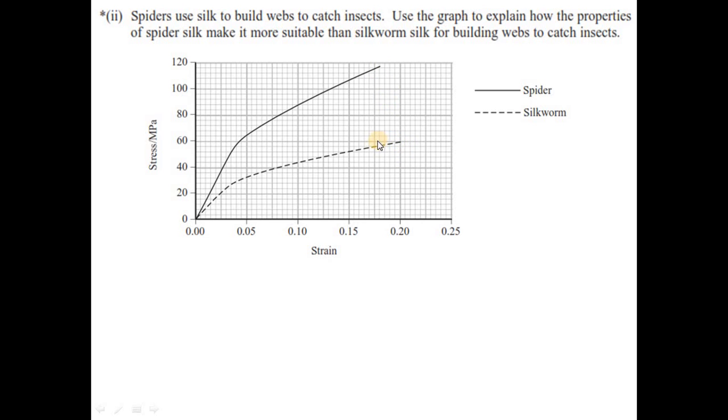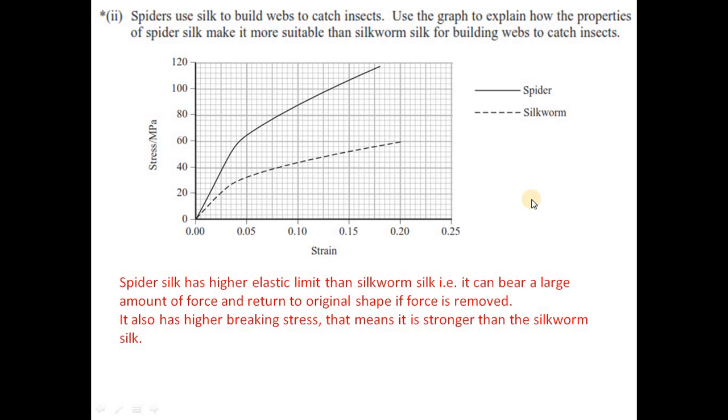And even if you wish, you can talk about the toughness, because the area under the spider silk graph is larger than the silkworm. So you can say that the area is larger, so area shows the toughness. So spider silk is tougher than the silkworm, so it absorbs a lot of energy. So you can reframe your answer like this.